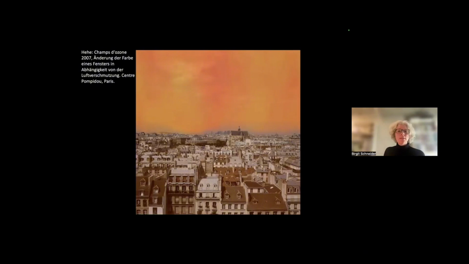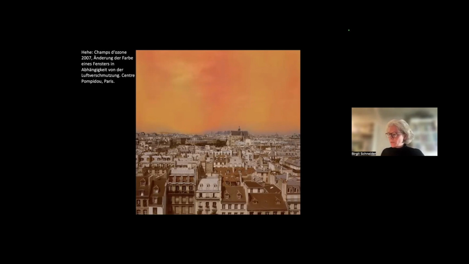First example is from 2007. It's called Champ d'Ozone. It's red coloring. Sorry, I didn't translate the title. Red coloring, which changes. It's a glass window, depending on the current values of the environmental office in Paris. But the color of the glass, which changes, gives no clear assignment of values or danger or anything.